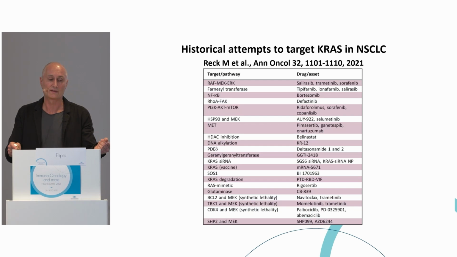In this trial, selumetinib plus docetaxel was more active than docetaxel alone. High response rates, 37% objective responses, and also a doubling of the PFS time from 2 months to over 5 months. So this was really exciting.